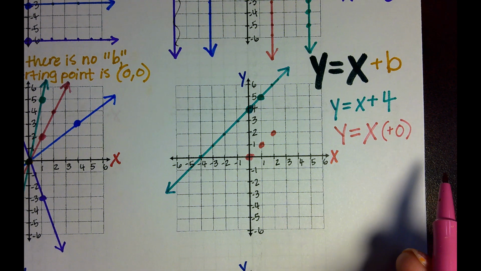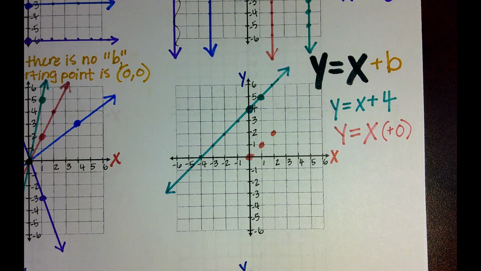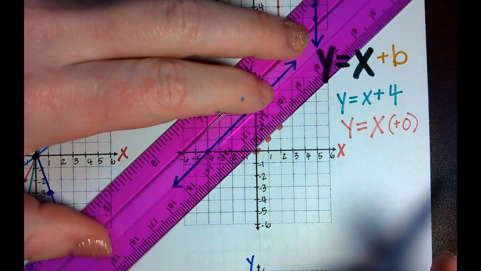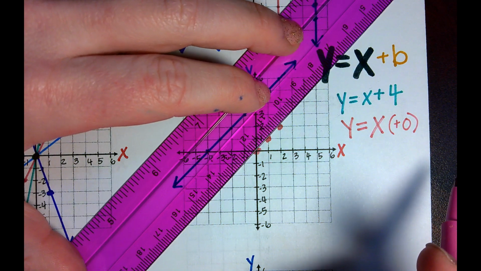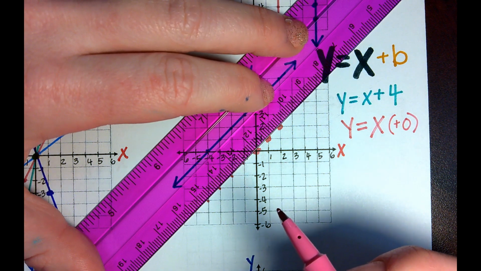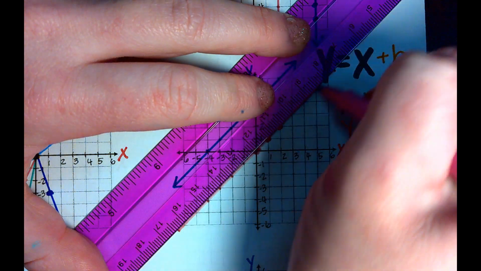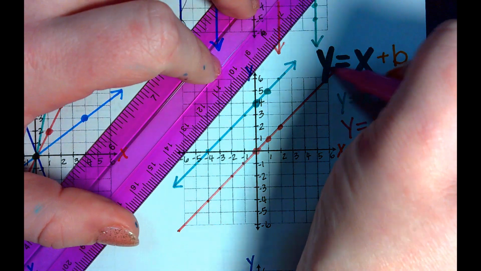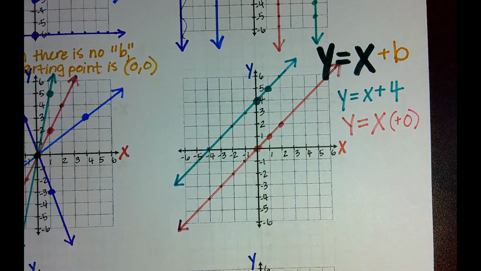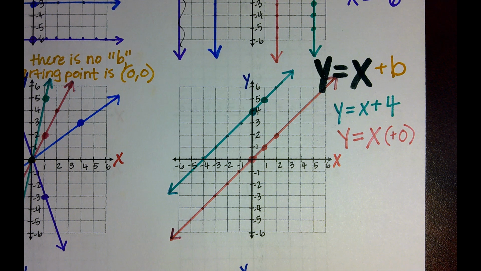If we don't have a b in our equation, b must be 0. So we're going to connect the dots. Okay, there's my y equals x, and it goes right through the middle.